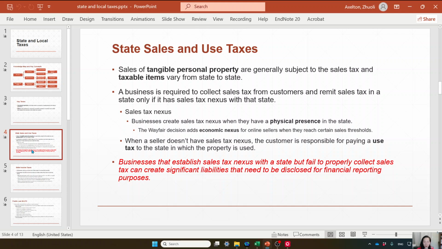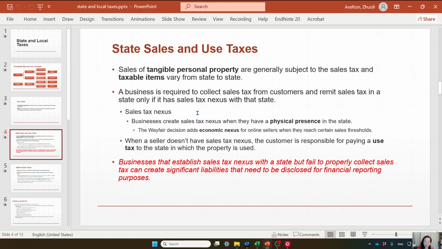Sales and use tax is a big deal because, just like individual taxation, anytime you go to the store, you have to pay the sales tax. For the business it's the same thing. However, from a business perspective, they're also functioning as a withholding agent.